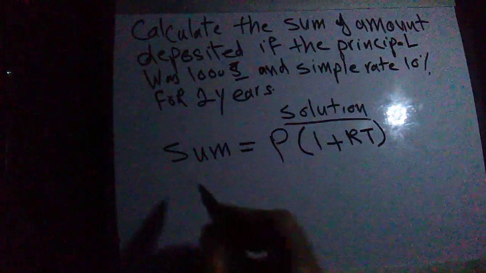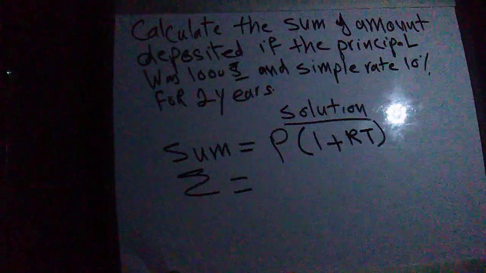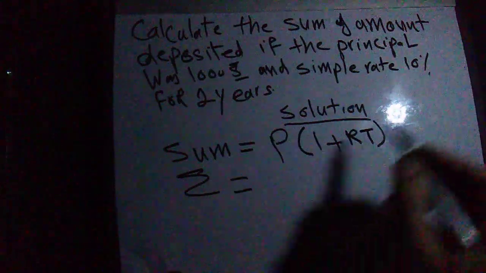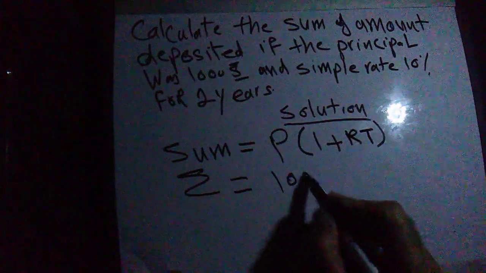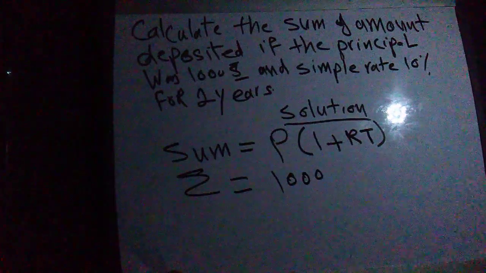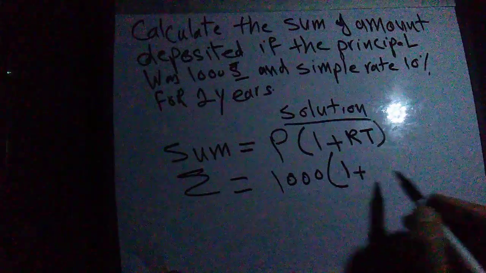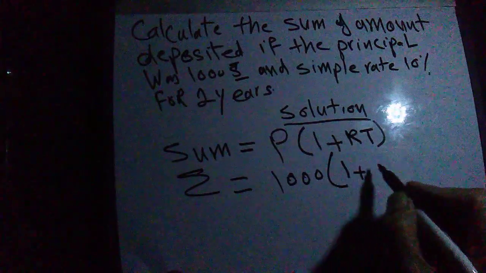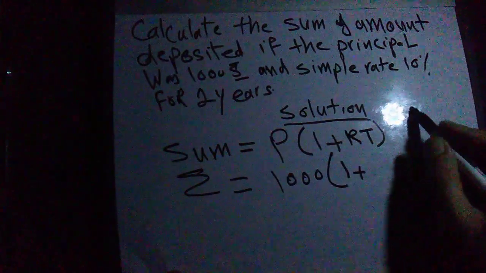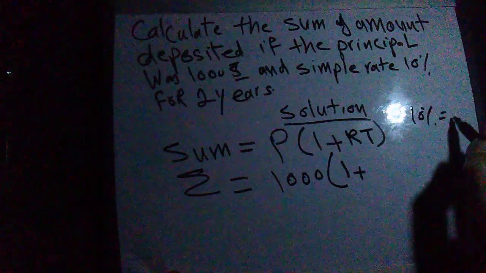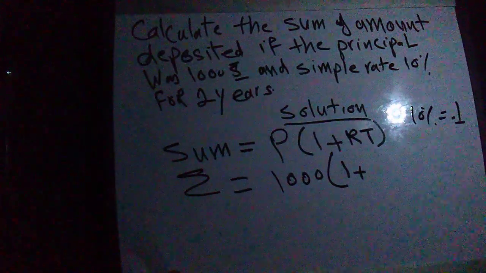Then I will say the sum, or the aggregation of all the amounts: the principal is $1,000. Then I will open a bracket, 1 plus the rate, and the rate is 10%. We said before that 10% equals 0.1, right?